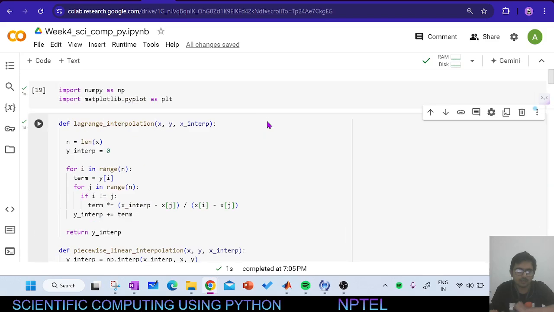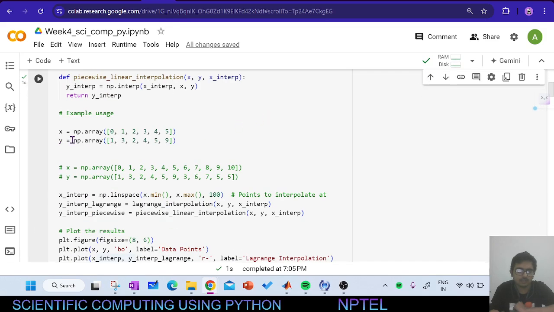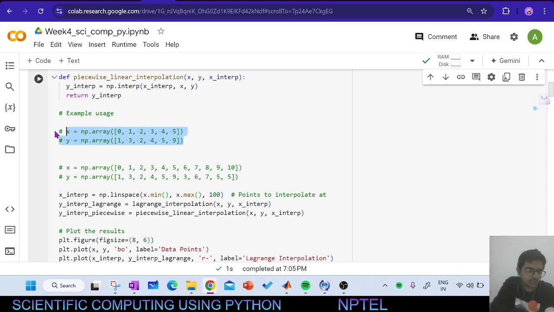Okay, so in fact, we can see that in this one also. So this was the data points that we used, right? So let me comment this. You can add hashtag or you can select it and press control slash. Okay, and let's use this one.